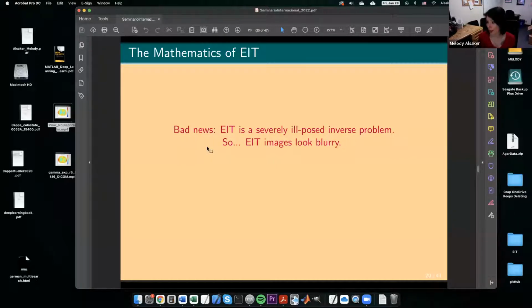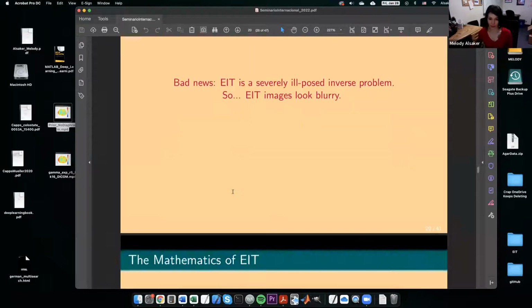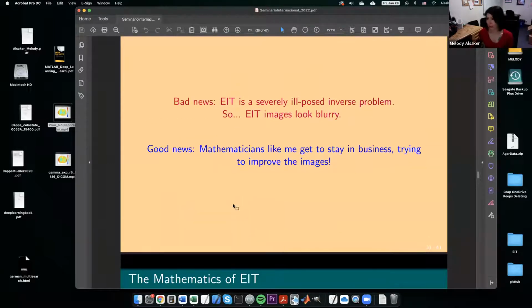the thing that goes wrong, the root of all the evil, is that the EIT images look blurry. We are never going to be able to get crystal clear, sharp images with EIT. The good news, though, is that this keeps mathematicians in business.